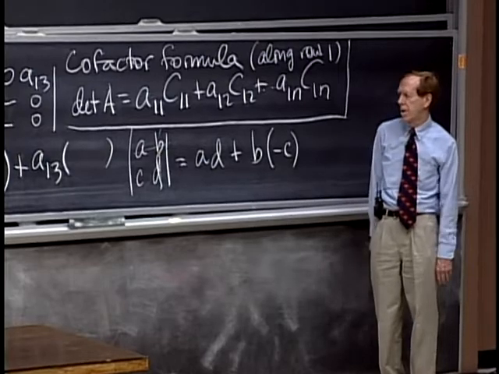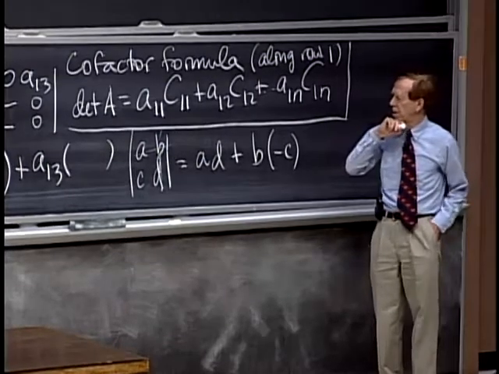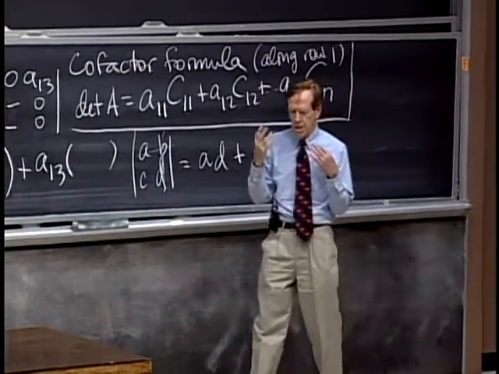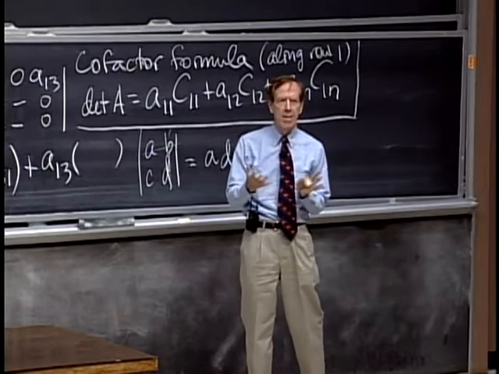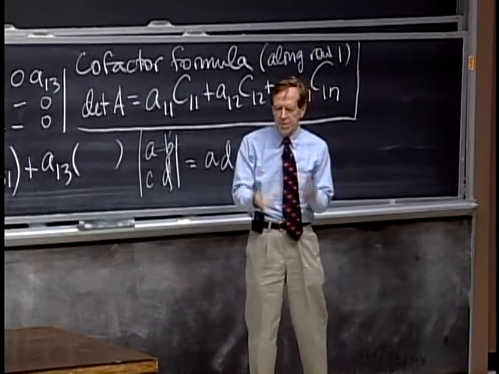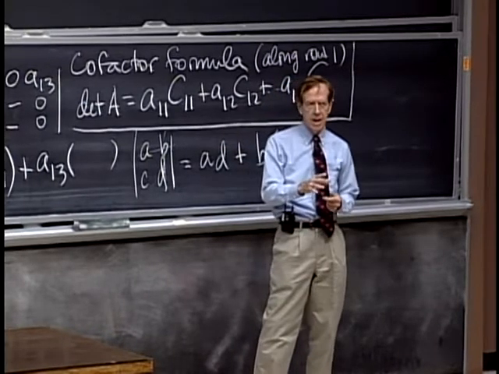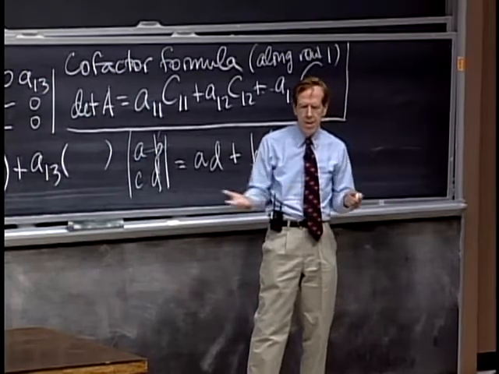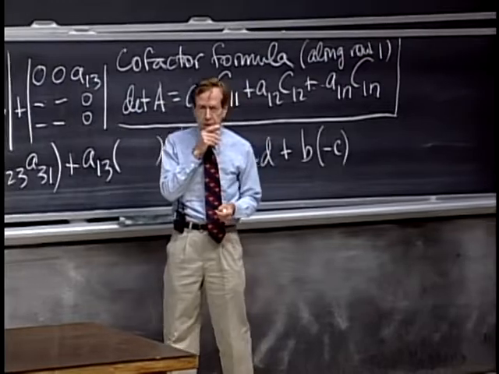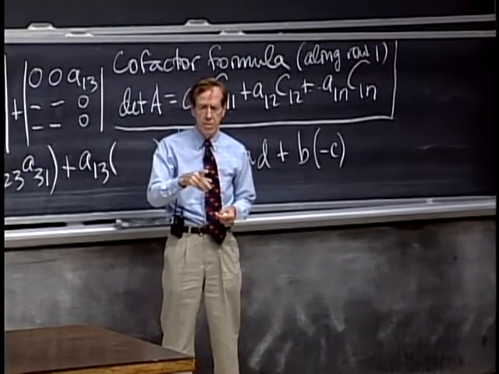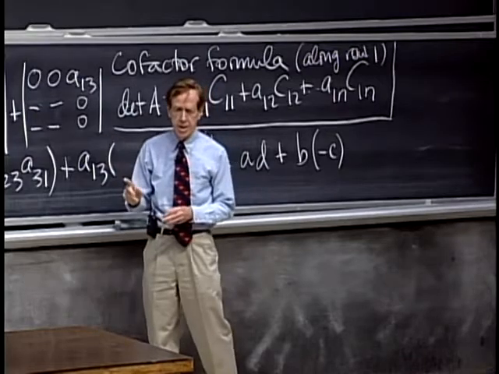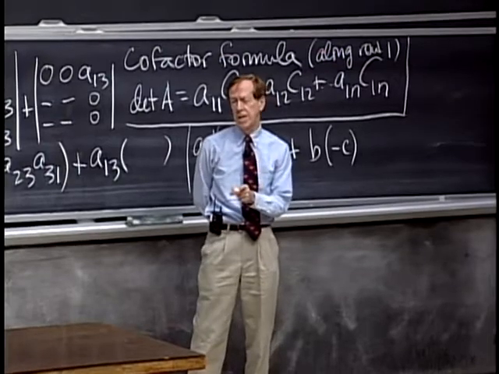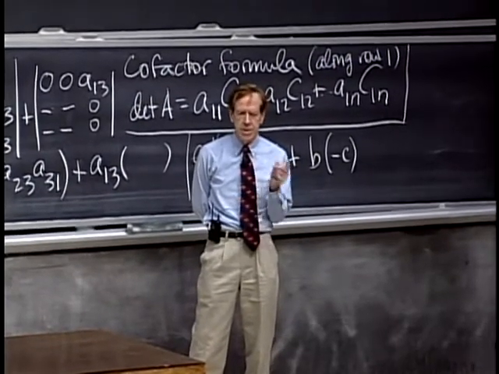And the 3 by 3 works. So that's the cofactor formula, and it's a good formula to know. Now I'm feeling like I'm giving you a lot of algebra to swallow here. Last lecture gave you 10 properties, and those 10 properties led us to a formula for the determinant, which was very important, and I haven't repeated it till now. What was that? The determinant is the product of the pivots. So the pivot formula is very important.